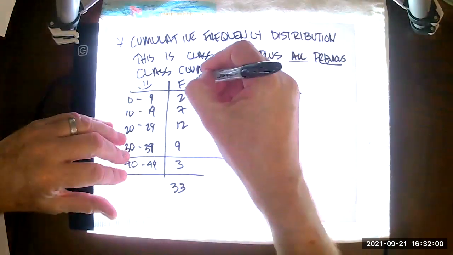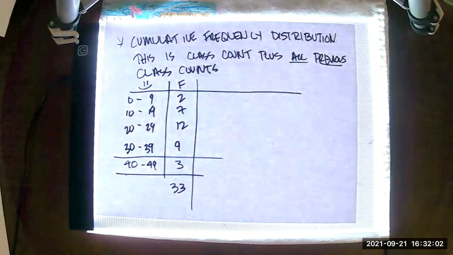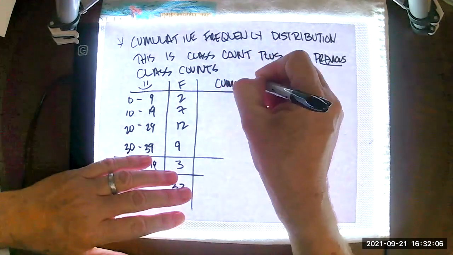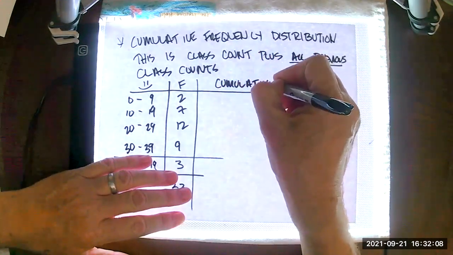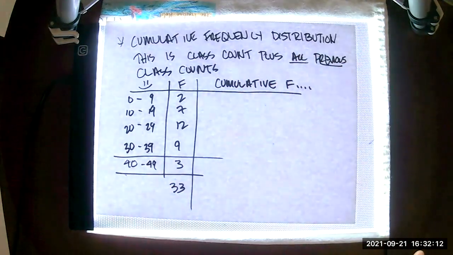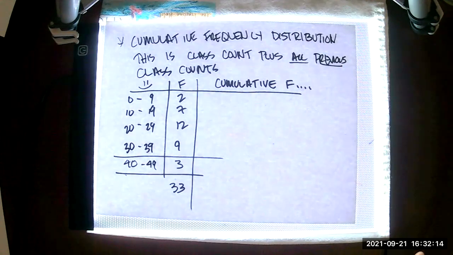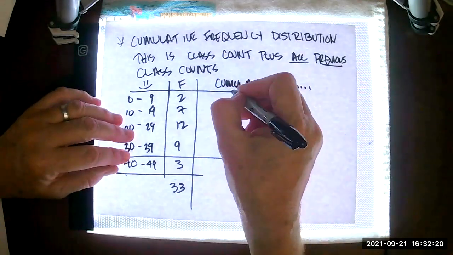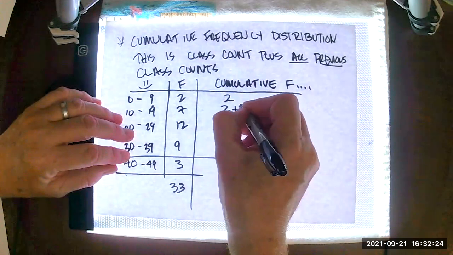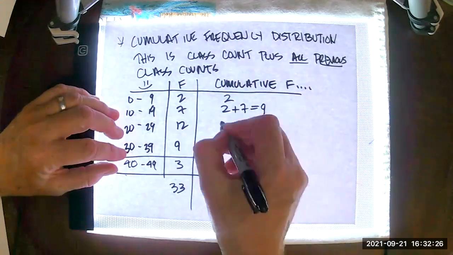I apologize for that. All right, so now my cumulative frequency. It's all about adding in previous counts. For the first class, there are no previous class counts, so it is literally 2. For the second class, it's 2 plus 7 or 9.